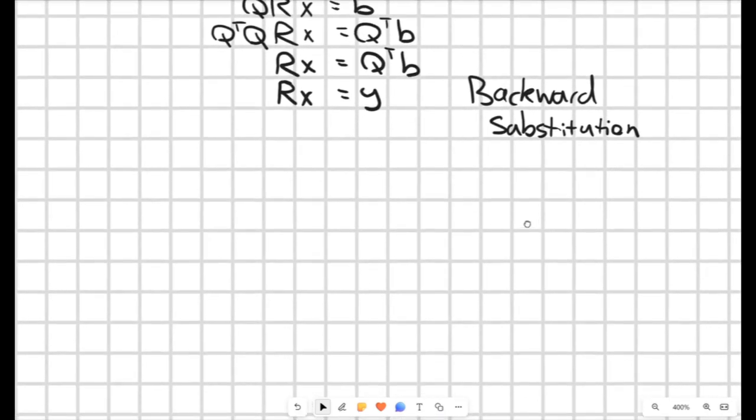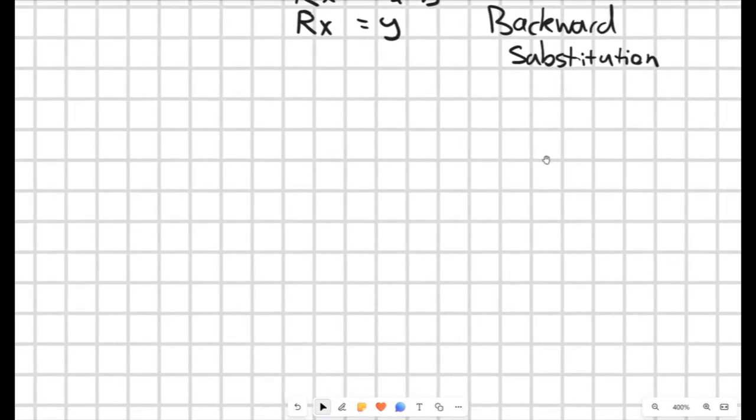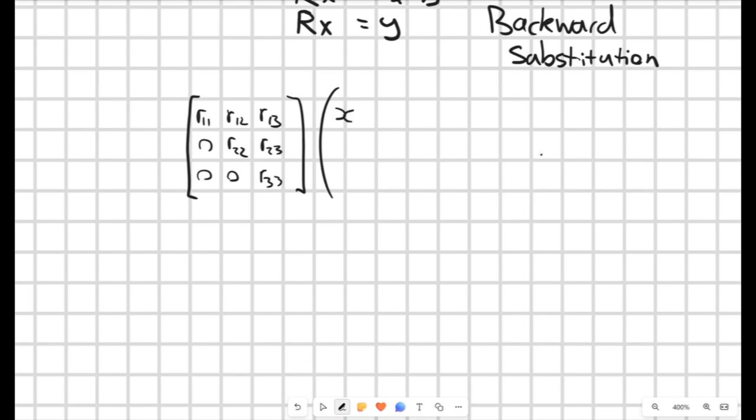So for the 3 by 3 case, R is going to be equal to, so again it's upper triangular, R11, R12, R13, and R22, R23, R33, with everything else set equal to 0. x has 3 elements, x1, x2, and x3, and it's going to be equal to y, which is y1, y2, y3.